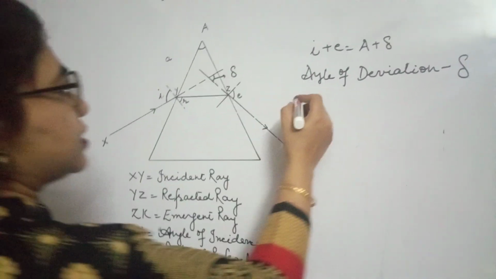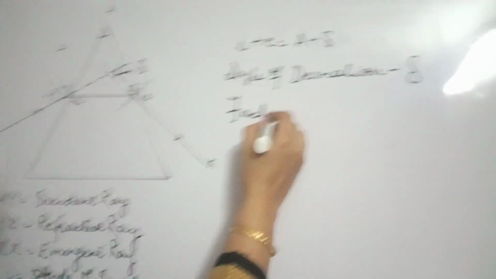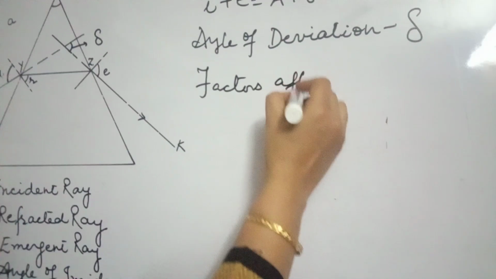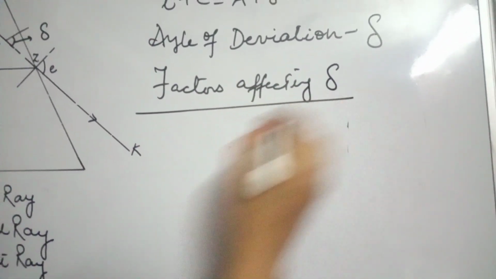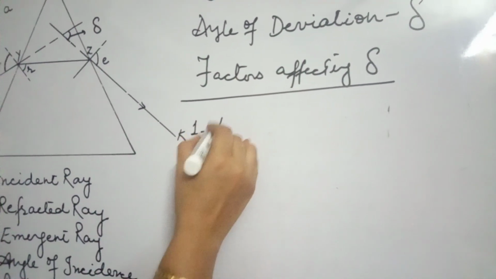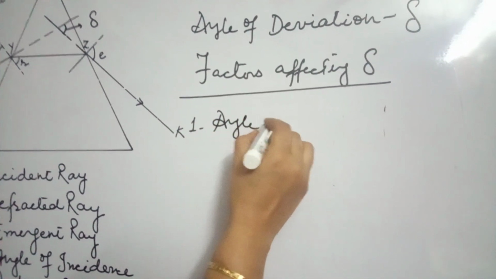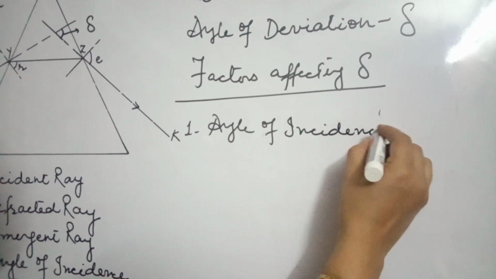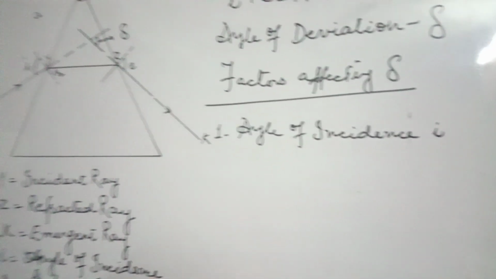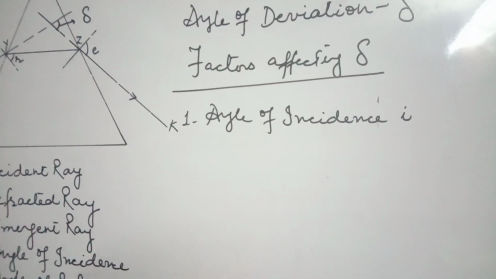Next are the factors affecting the angle of deviation, delta. The first factor is the angle of incidence, I. For that you have to understand this.